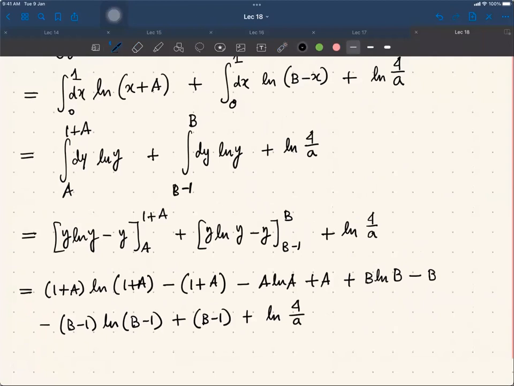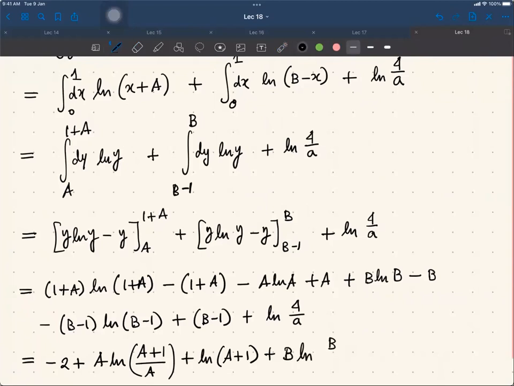I just calculate this according to the limits, and you can do a simple algebra and show that you can simplify it and write it as minus 2 plus a log a plus 1 over a, plus log a plus 1, plus b log b by b minus 1, plus log b minus 1, plus log 4 by a.